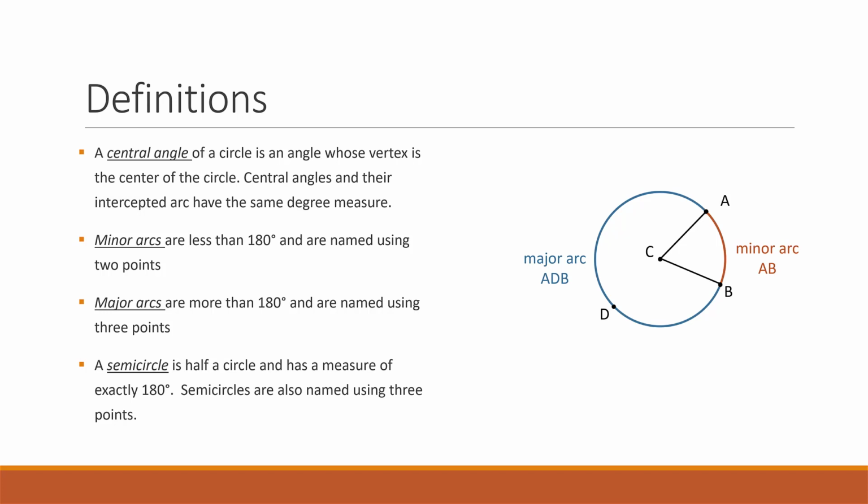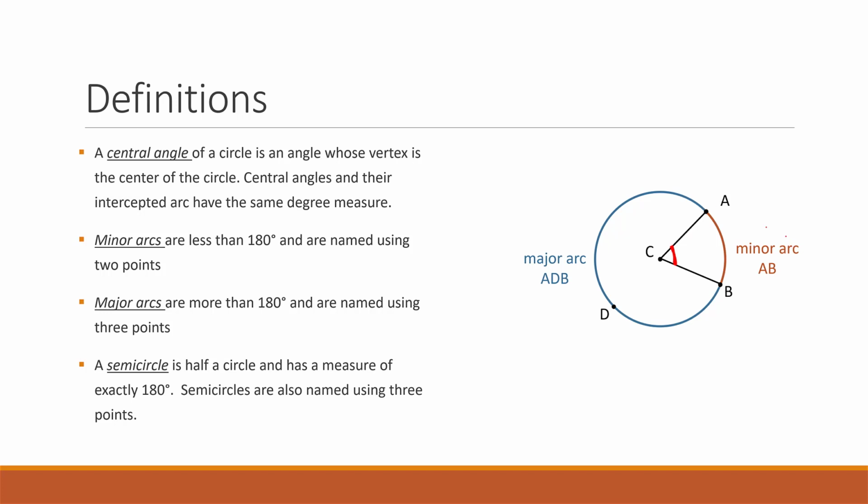So if we look at our picture over here, angle ACB, right here, that would be a central angle because it has the vertex in the center of the circle. And then an intercepted arc is the part of the circle that is inside of the angle.